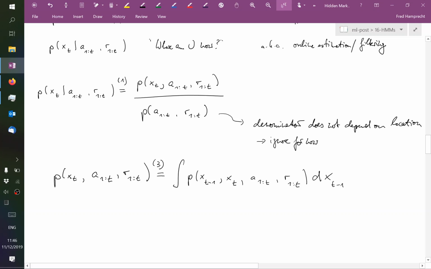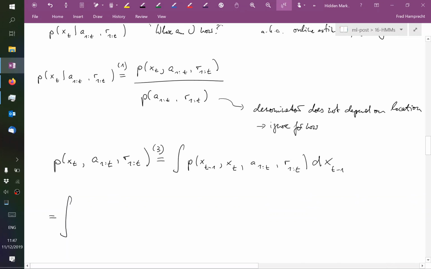All right, and our goal will be to do this recursively, but for now, let's factorize this probability in the kernel of the integral as far as we can. So first we want to separate the present from the past.